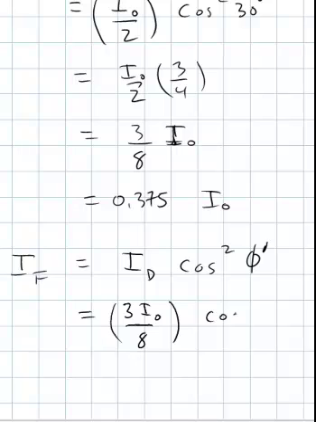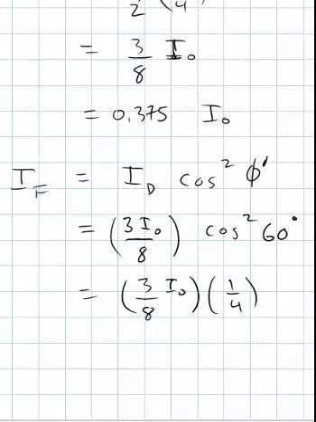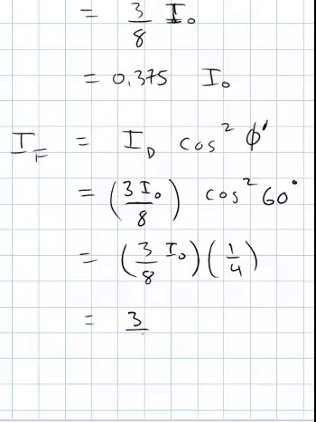And we've got cosine squared 60 degrees, which is a quarter. And so we get 3/32 I naught, or if you prefer, 0.094.